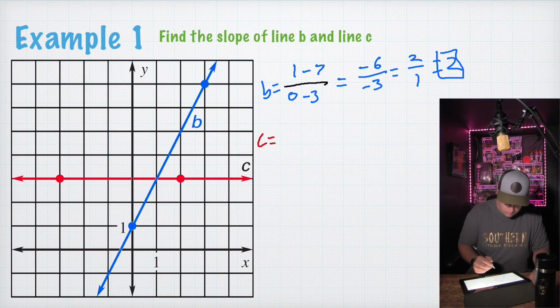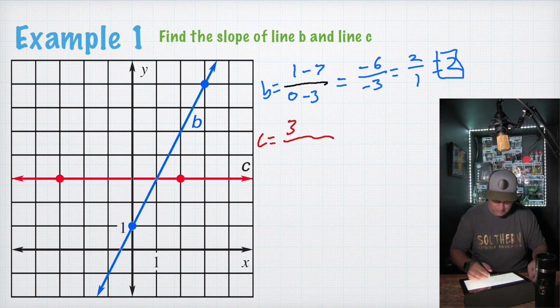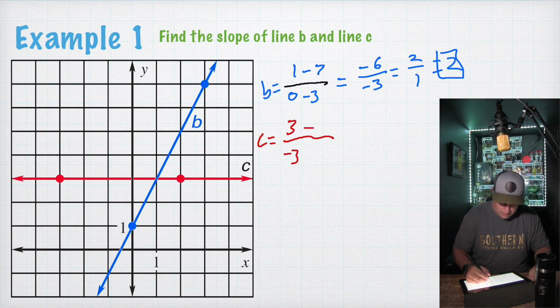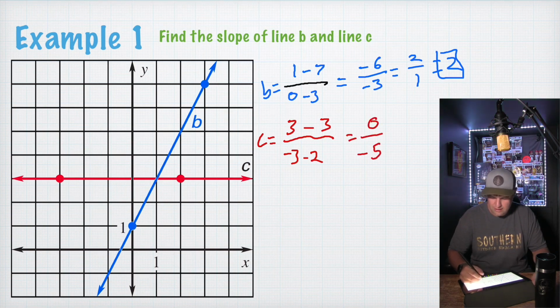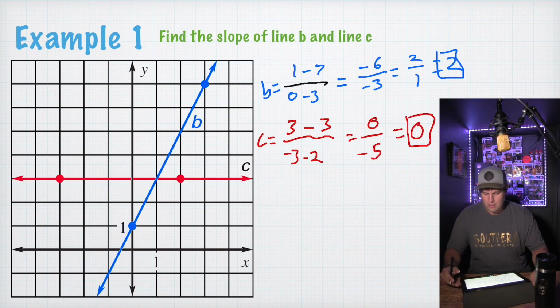C is going to be up 3 over -3, and then minus up 3, because this point is 3, and positive 1, 2, minus 2. So that would be 0 over -5, which equals 0. If you ever have 0 in the numerator, it's going to be equal to 0.